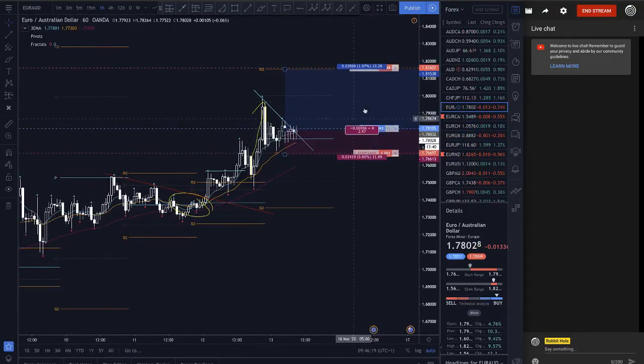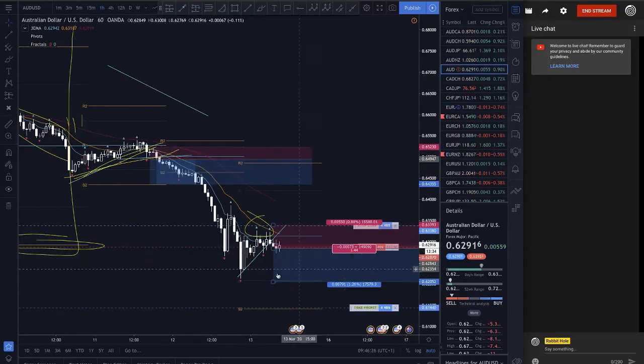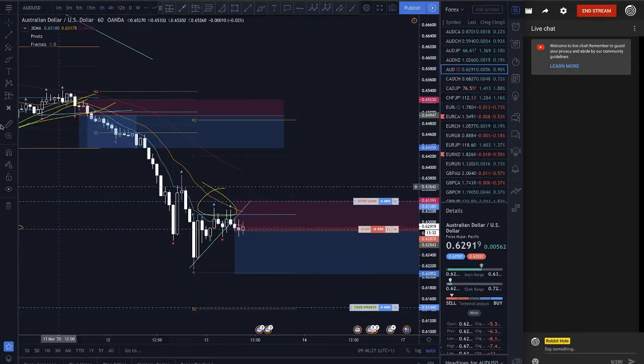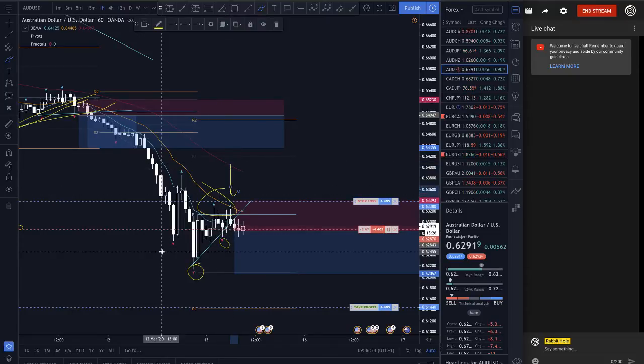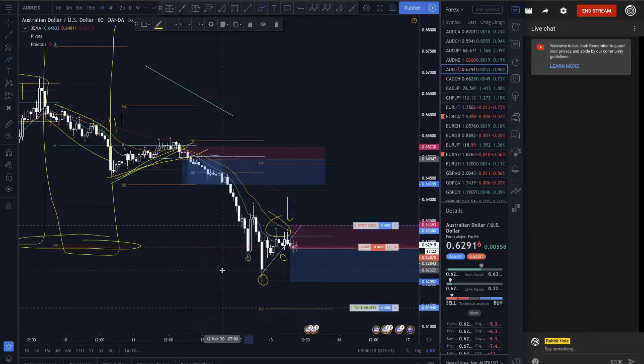Like here, there are 2 fractals under break of 2 fractals, or here, this is a better example. First fractal, second fractal, and then we trade. But many times we get just 1 fractal. You can see, because of this week the markets are a bit corrupted, but you can see here the chart fell down.